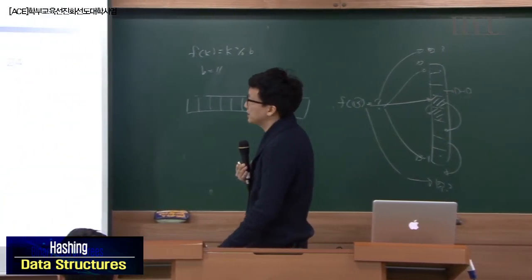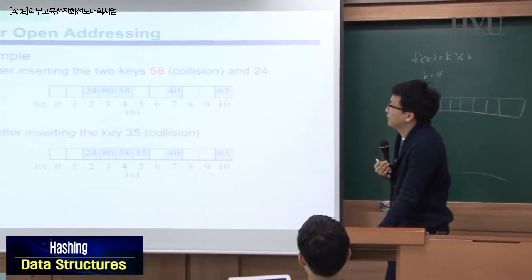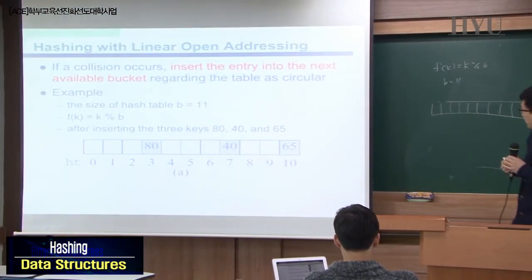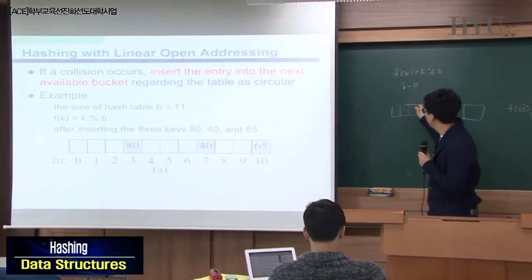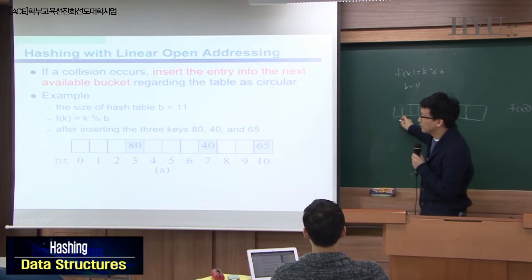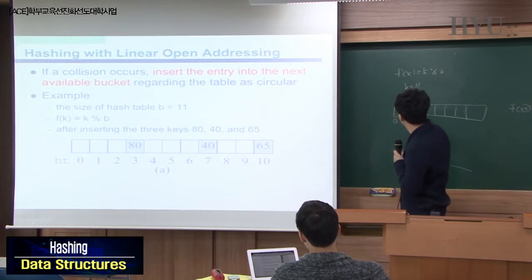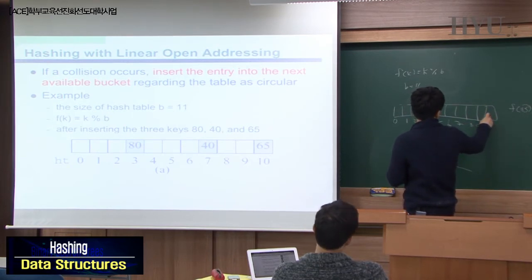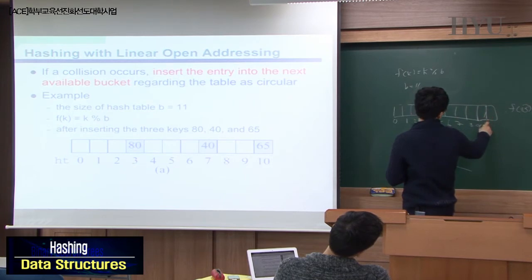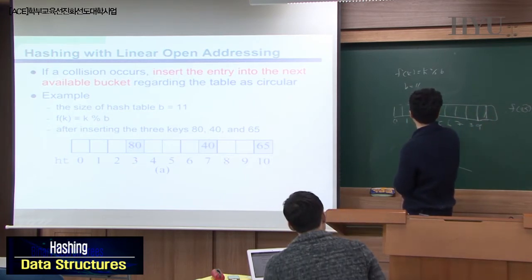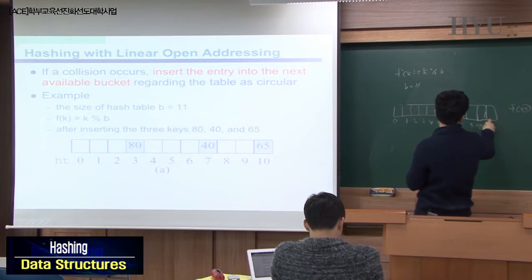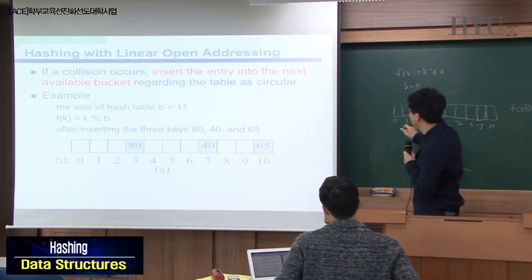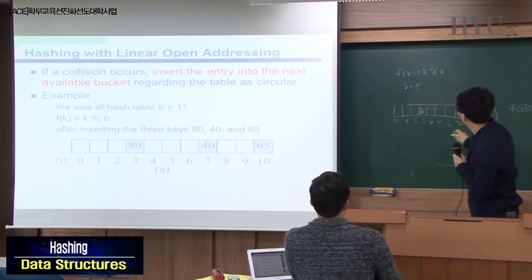After inserting two keys, 58 and 24. Oh, sorry. Maybe I should write it this way. 0, 1, 2, 3, 4, 5, 6, 7, 8, 9, 10. 80, 40, well, 65.